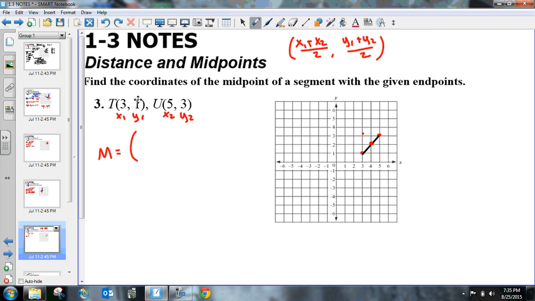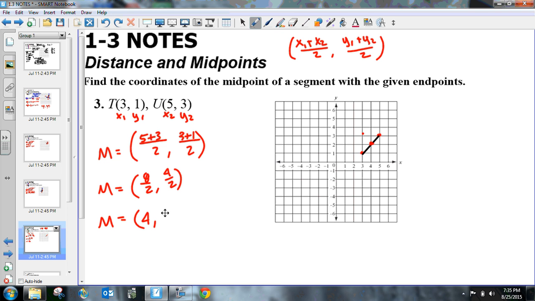I've named them this, so I'm going to plug it in here, and I'm going to get 5 plus 3 over 2, and then 3 plus 1, or 1 plus 3, doesn't matter. Then my midpoint M is equal to 8 halves, and then this is 4 halves. Check this out, guys. 8 halves, that's 4. 4 halves, that's 2.